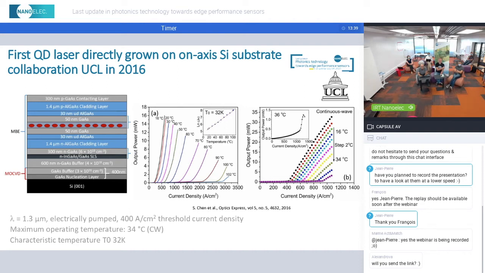The first results were obtained in 2016, and we were able to obtain a laser emission at 1.3 micron, and the laser is electrically pumped with a threshold current density which is quite high at this period, 400 amps per square centimeter. And the maximum operating temperature in continuous mode was 34 degrees C, and the typical T0 temperature is 32.